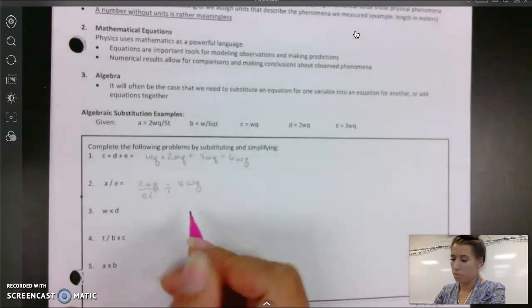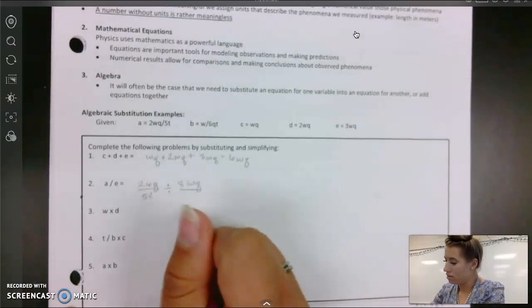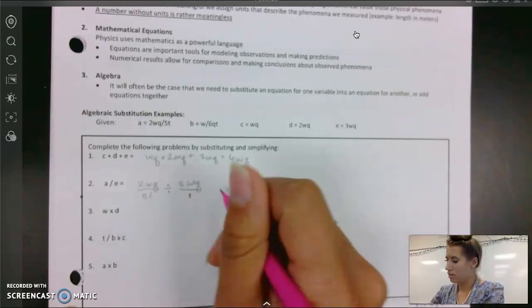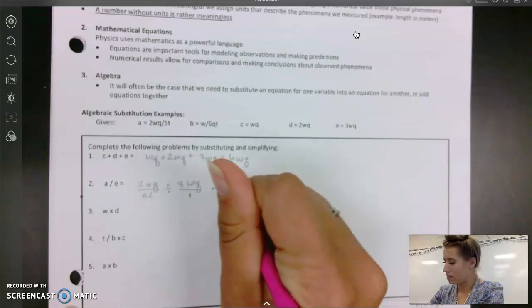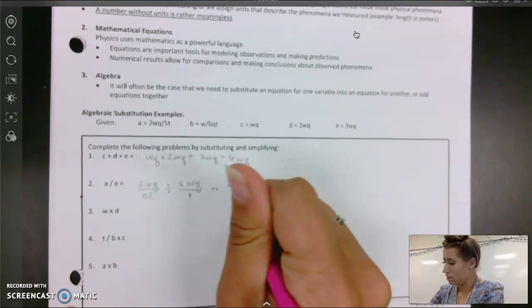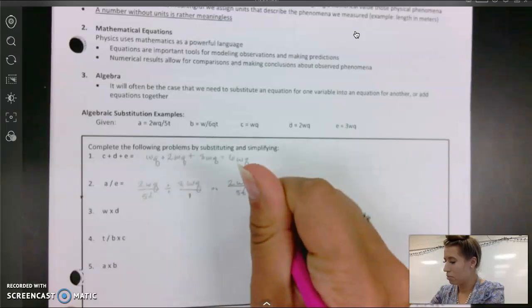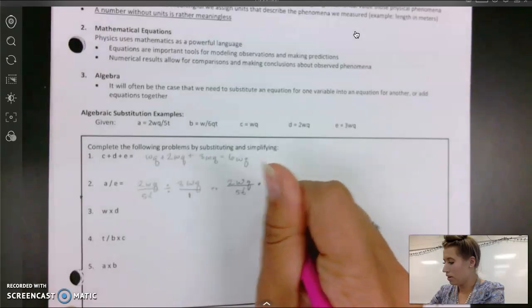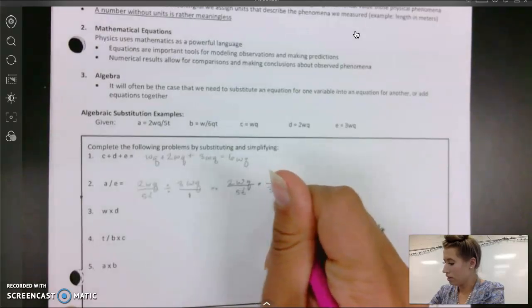We're going to take this 3WQ and put it over 1. Now the next powerful tool that we have is division by a fraction is the same as multiplying by its reciprocal. So this is the same as taking our original 2WQ over 5T, and now we're going to multiply by the reciprocal. So we're going to put 1 over 3WQ.